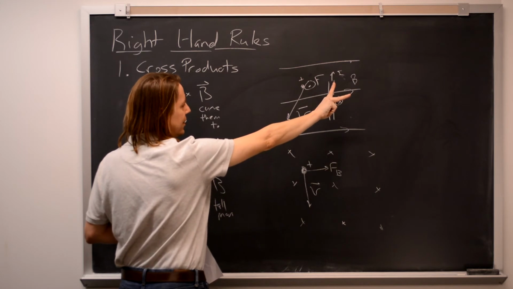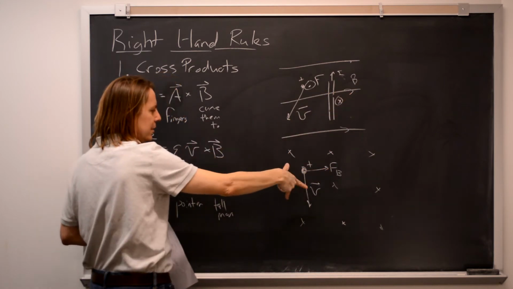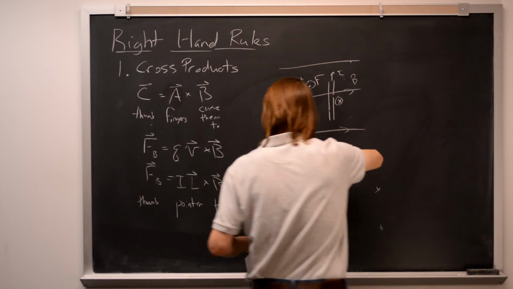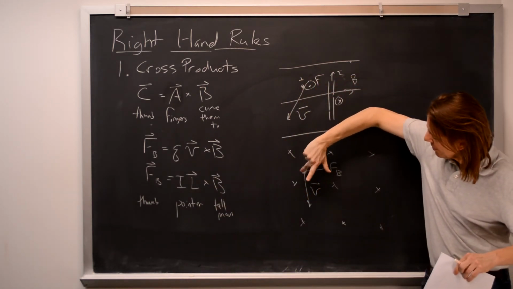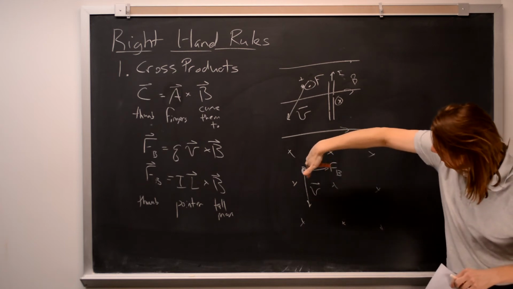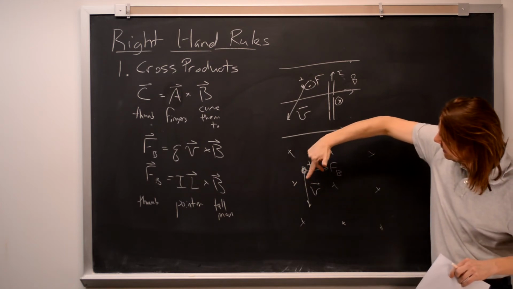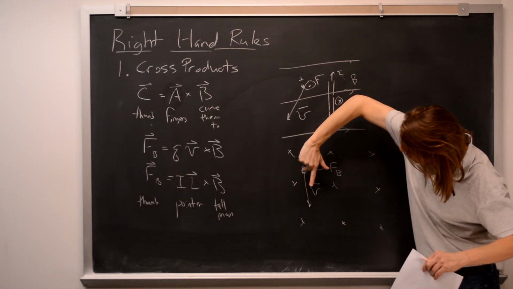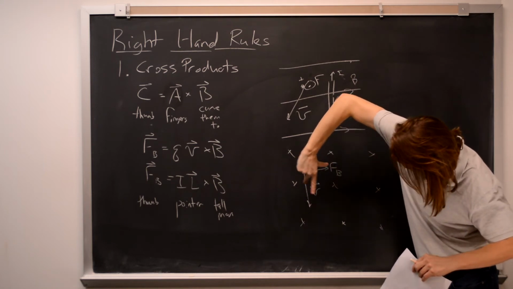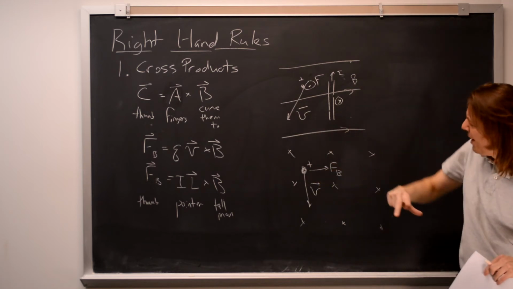And then down here, pointer along V, tall man in. I'm going to break my wrist. Wait. Pointer along V, tall man in. Yes, there's my thumb going this way. Ow.